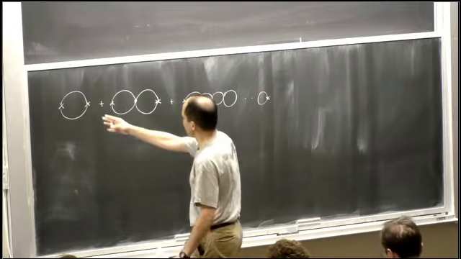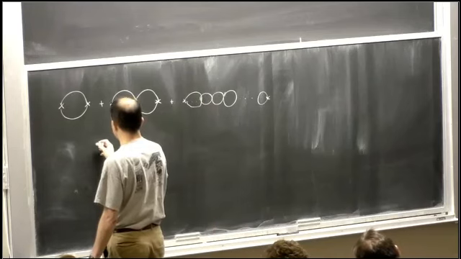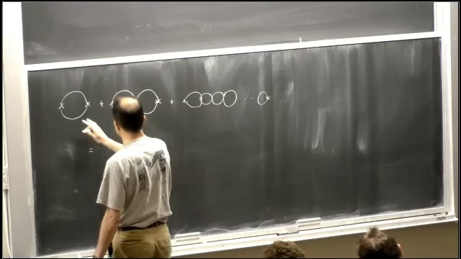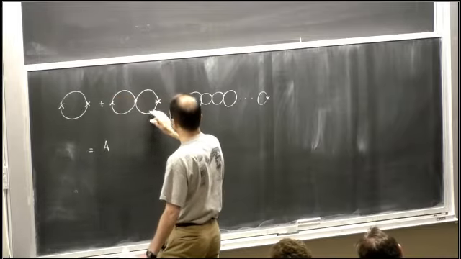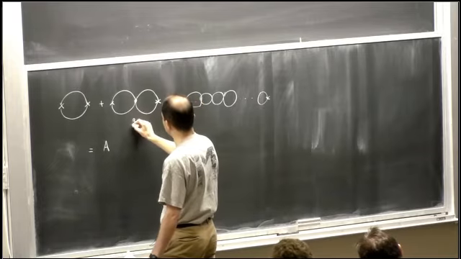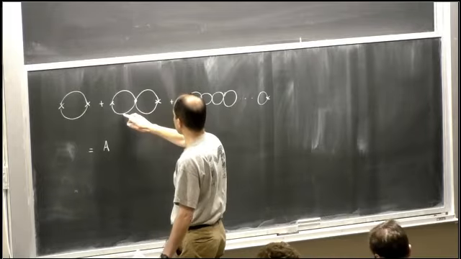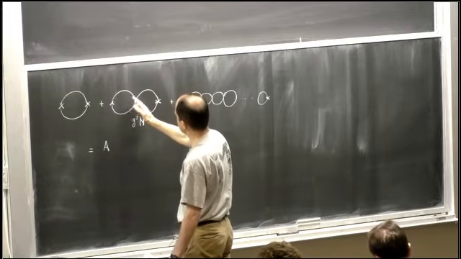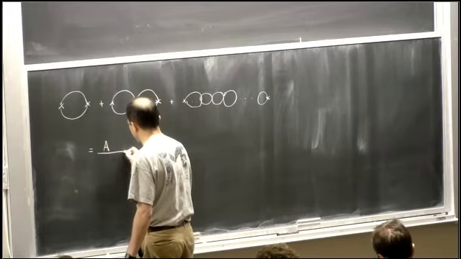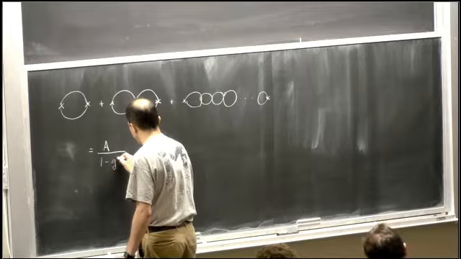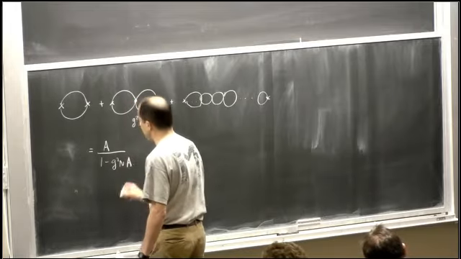But anyway, we can sum all these diagrams, and the result is very simple. This is just a geometric series. So the first thing was A, and the result of this diagram is, well, there is a factor of g squared N, and then each diagram individually will give you A. So it's a geometric sum, which is 1 over 1 minus g squared N times A. So that's the answer.